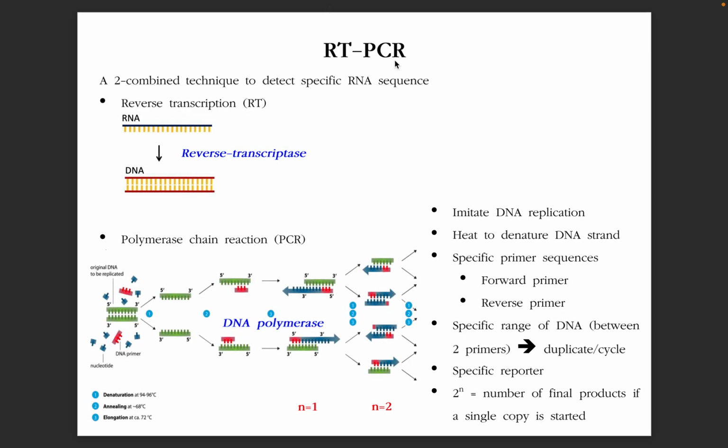Let's focus on how RT-PCR works to determine the viral RNA. RT-PCR is a combination of two molecular techniques, which are reverse transcription or RT and polymerase chain reaction or PCR.